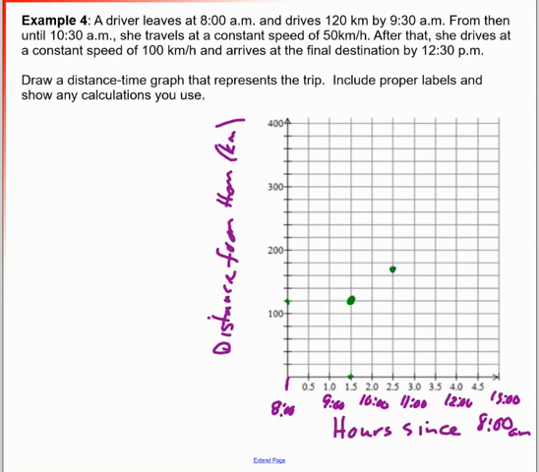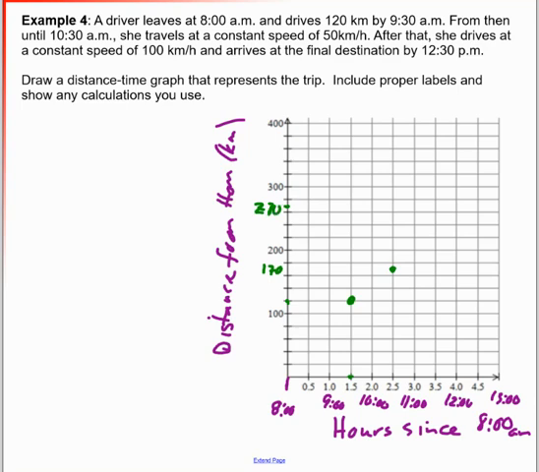Okay, from that point on, after that, she drives at a constant speed of 100 kilometers per hour and drives to the final destination at 12:30. So what would be 100 kilometers from this point? So from 170, she's going to go to 270. 220, 40, 60, 270. And it's too bad it's right in between there.